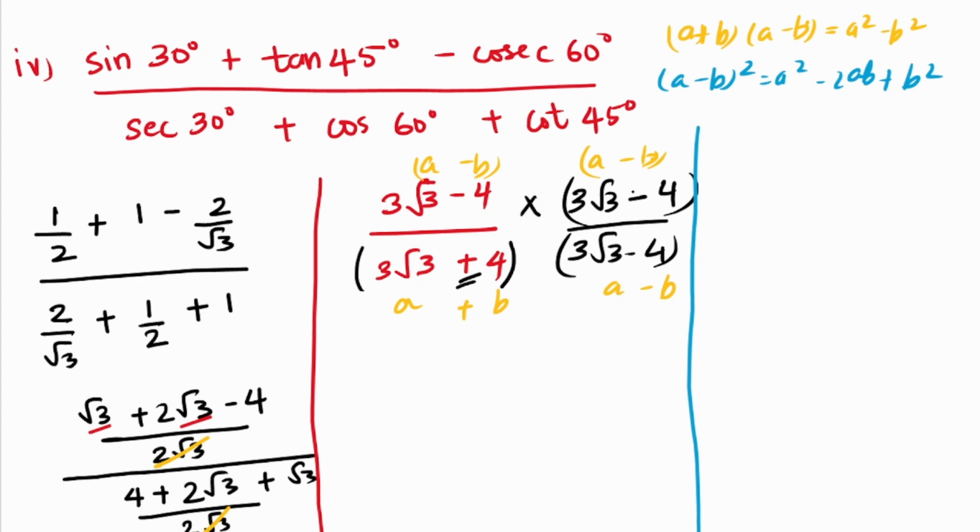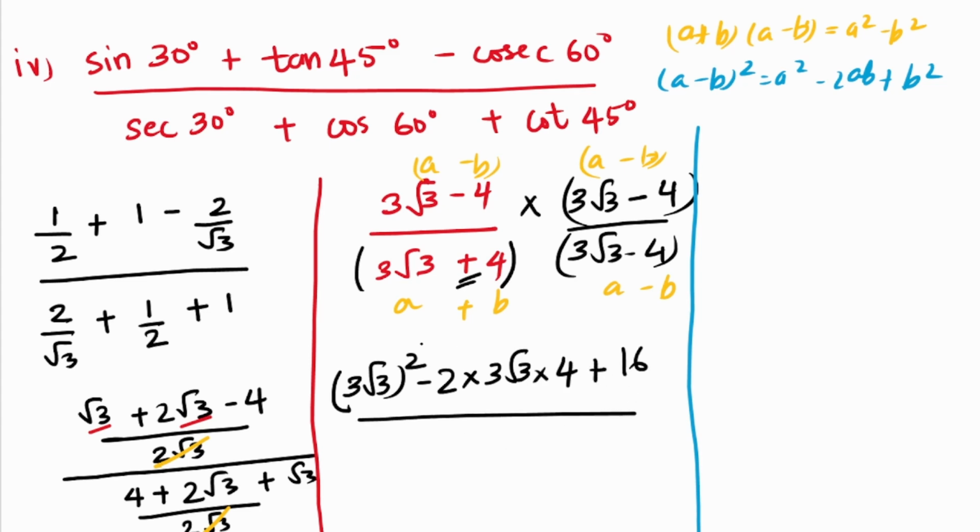Let's solve. So when we solve, we will have 3 root 3 whole square minus 2 into 3 root 3 into 4 plus 4 square is 16, divided by 3 root 3 whole square minus 4 square is 16.